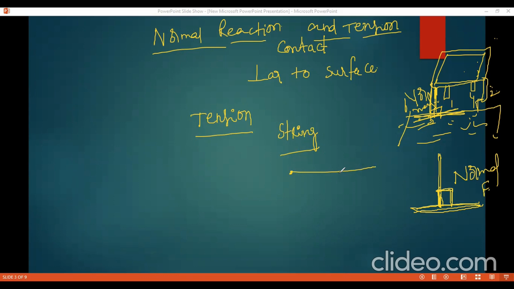If a massless, very light string is not pulled, just kept like this, then is there any tension here? No, there is no tension.